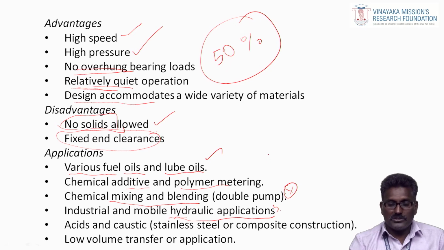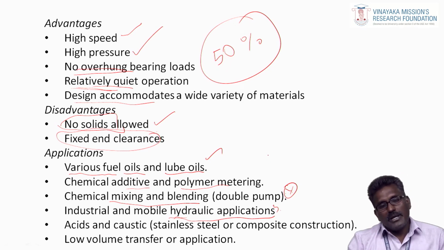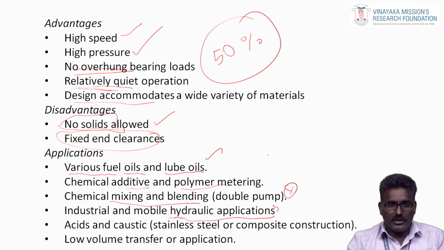Here you are supplying the fluid. What is the definition of this pump? A pump is a mechanical device used to convert mechanical energy into pressurized hydraulic energy. So that is the definition for a pump: the mechanical energy is converted to pressurized hydraulic energy. With the same construction, the same pump, you supply pressurized hydraulic fluid to this pump, and the pump shaft produces the mechanical output.